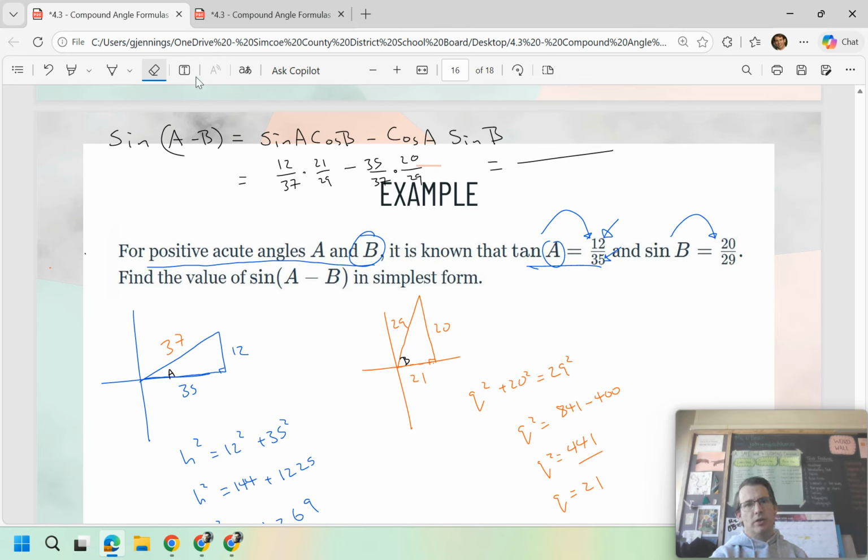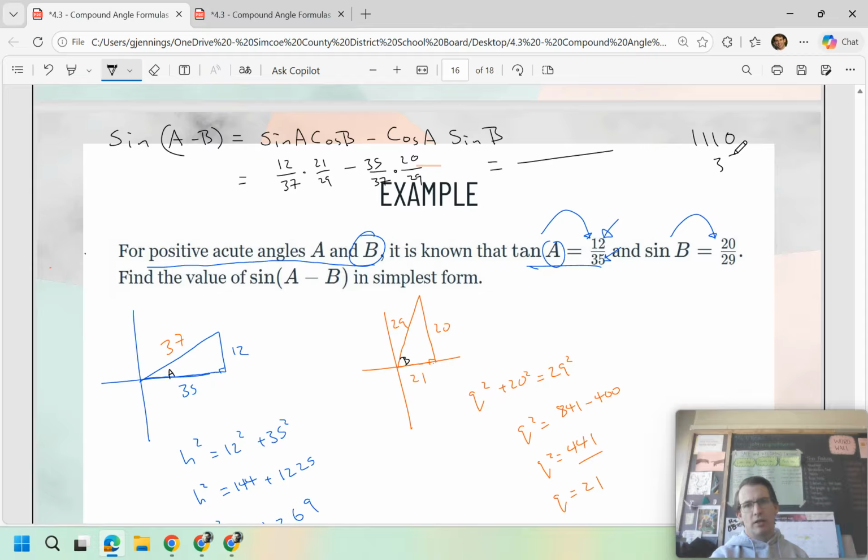Why is this so hard? Now? Yeah, that looks good.